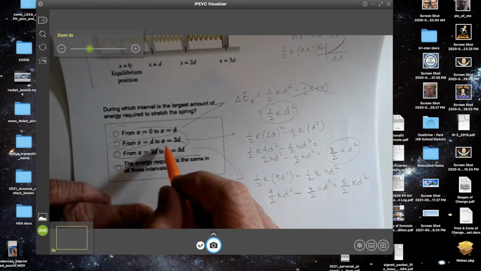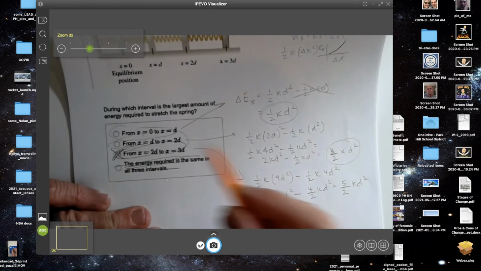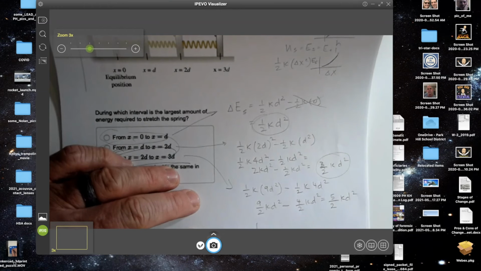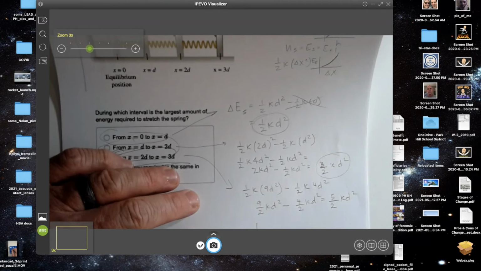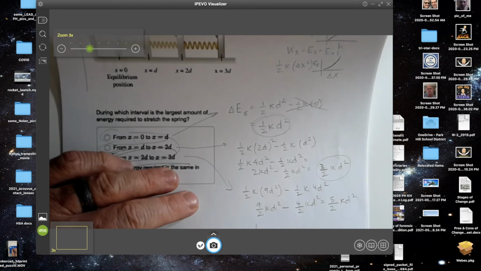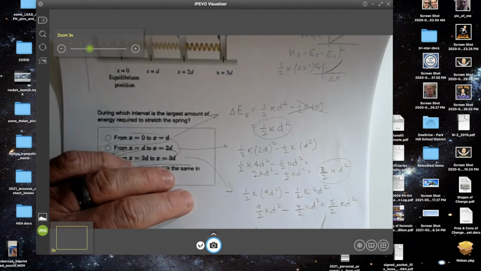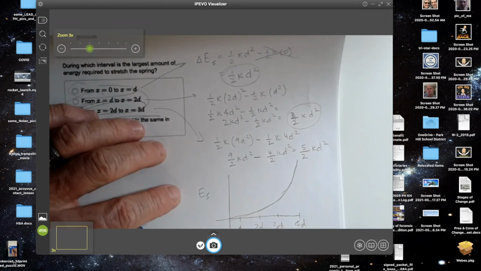So this would represent the largest amount of energy. If we could graph it, we know it's going to be parabolic, with d, 2d, 3d, 4d, something kind of like this, where we're looking at elastic energy.